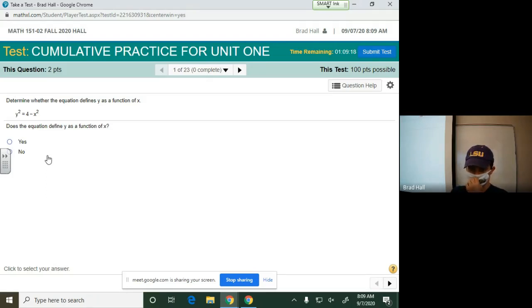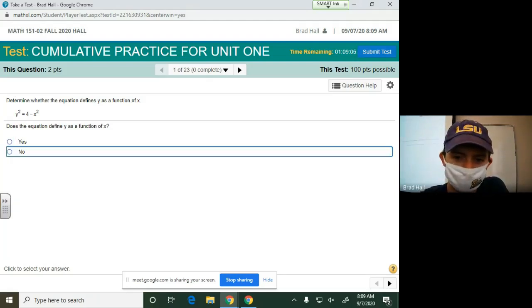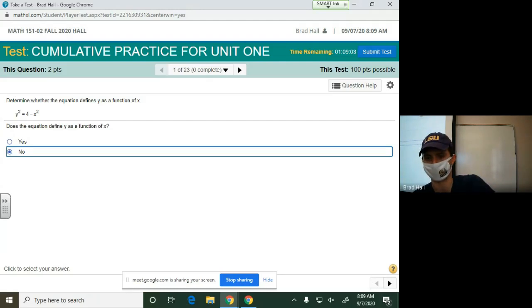So we'll start off simple. Is this equation define y as a function of x? The answer is no. The answer is no. I gave you this one in class.